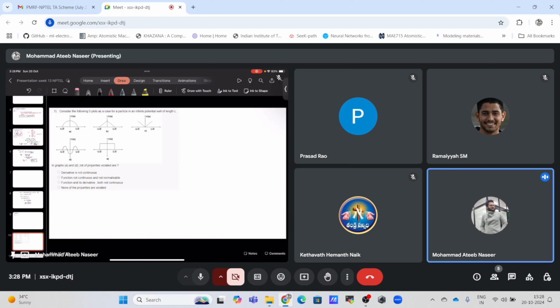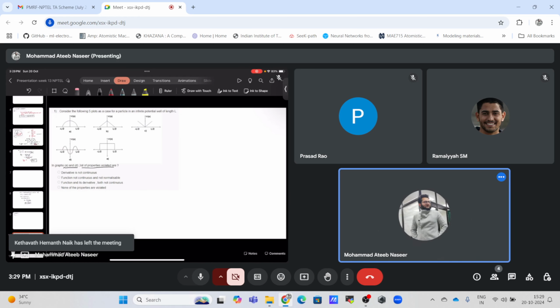This is about the wave function problem, where we have seen that in an infinite potential well, the wave function outside the well has to be zero, and we have to look in the graphs at which properties are violated. In graphs A and D, clearly you can say it is a continuous function, and its derivative is also continuous.